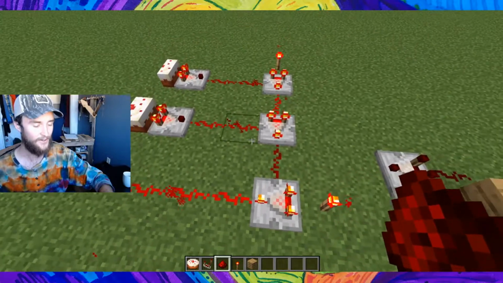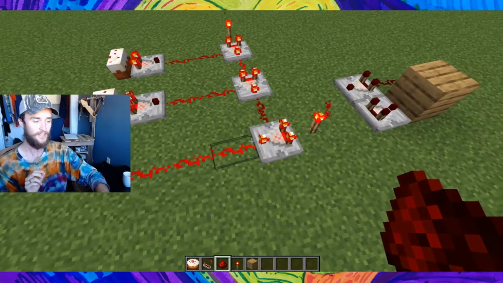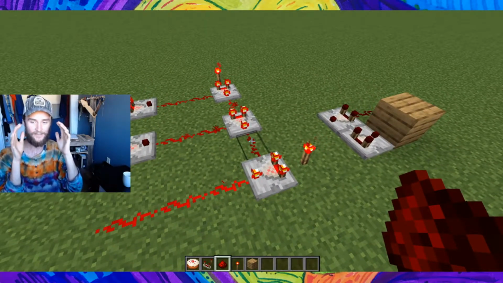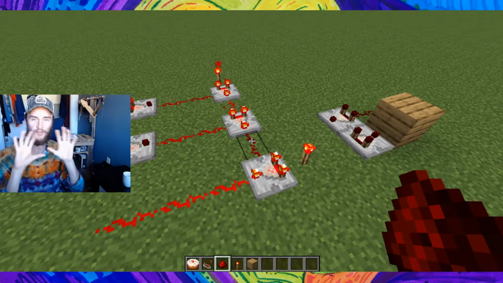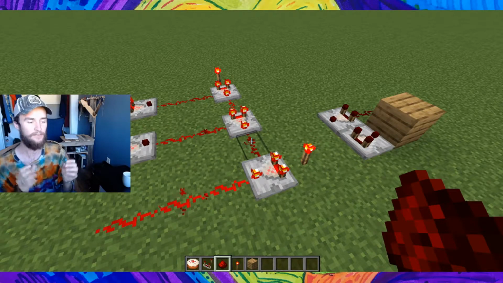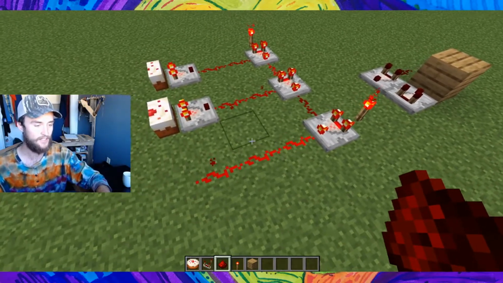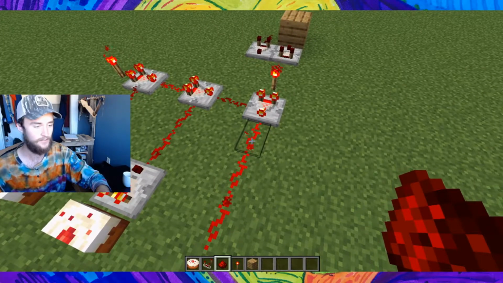Coming out of this comparator is torch minus, in parentheses, torch minus A minus B. You work all that out, the torches cancel out, and you just get A plus B. This is how you can do addition of signals with comparators.